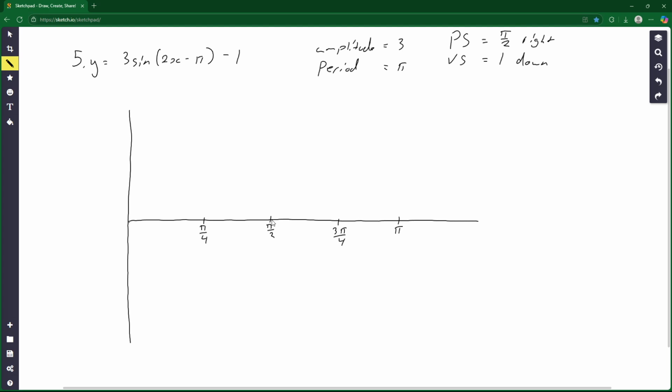Yep. If we just go to the pi over 2, so it's going to be pi over 2 to the right. We aren't going to have really anything weird. So we can do 3 pi over 4 as one of our next points. Let's go ahead and write down -1, amplitude is 3, so this is going to be 2. And down here is going to be -4.